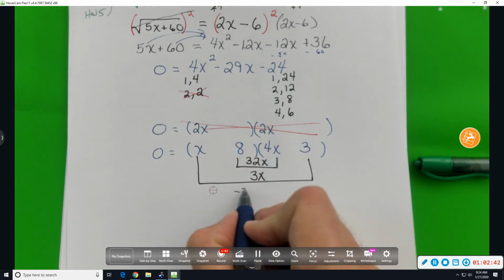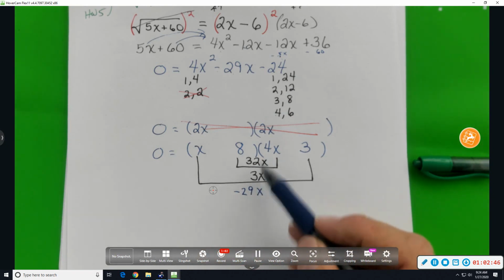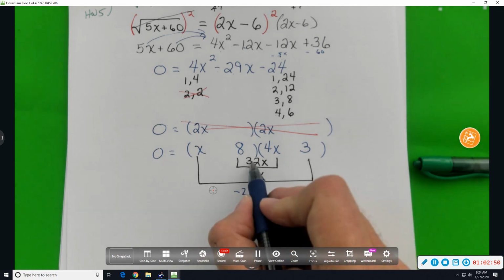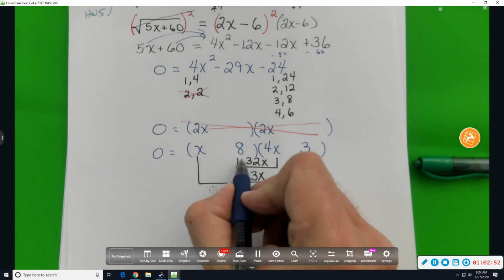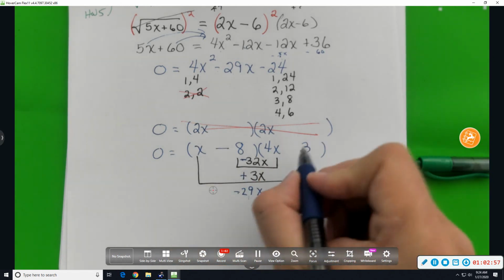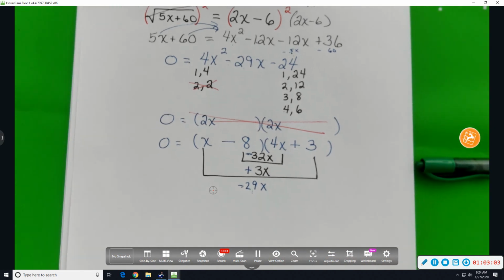Negative 29x. If I subtract 32 and 3, I can get a 29. So the bigger product should have the minus. Should be like this, a minus in front of the 8 and a plus in front of the 3. It's a good factoring problem.